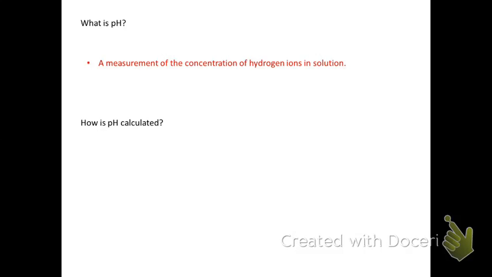Essentially, pH is a measurement of the concentration of hydrogen ions in solution. Remember, the concentration of hydrogen ions, H plus, is equal to the number of moles per liter of hydrogen ions that are dissolved.